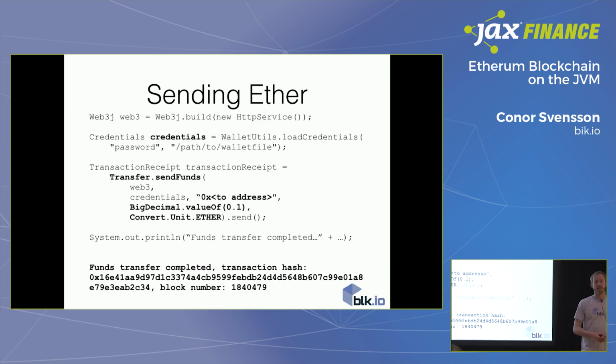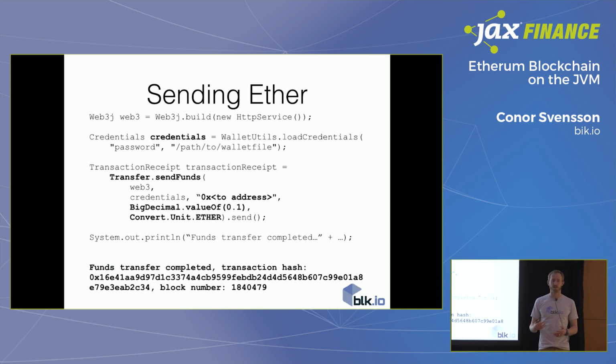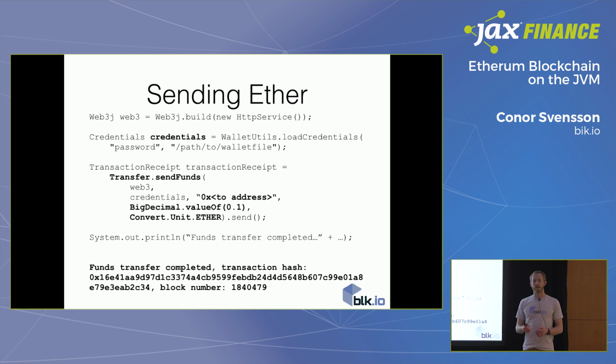Then if we want to send some Ether from one address to another, it's a similar thing, except now we have the addition of a credentials object. What this is doing is loading your private key into memory from a file. So you give it the path to your wallet file, the password to decrypt it, and then it loads the private key into memory.